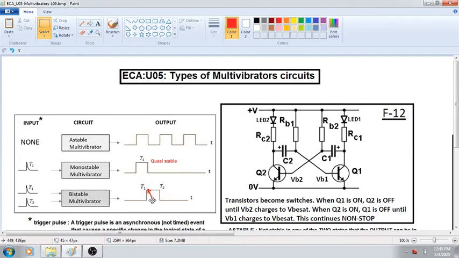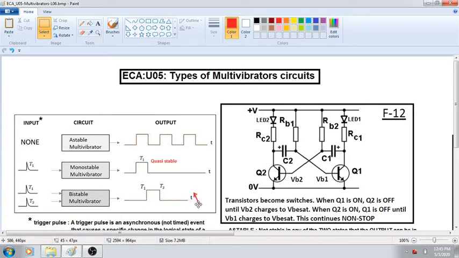And if we keep quiet and don't do anything, it will try to remain only in this high state. It will not come back on its own. Although here we are showing it coming back after some fixed time, it is not coming back on its own. It comes back only when another trigger pulse is given, which we call T2. So when trigger pulse T1 is given, it goes from low to high, and if no trigger pulse is given after this, it will continue to remain in that state, although it is not shown here.